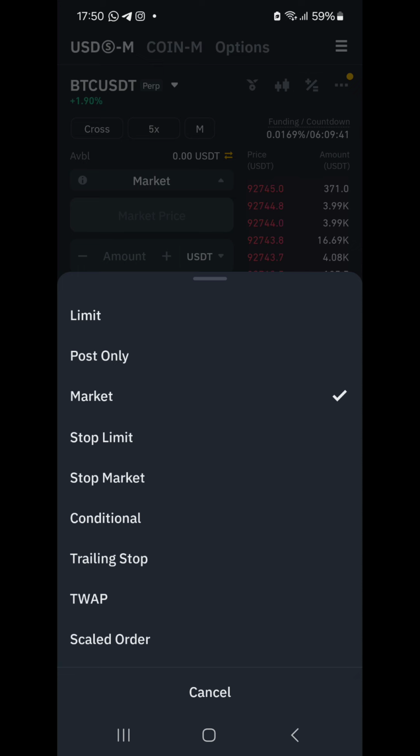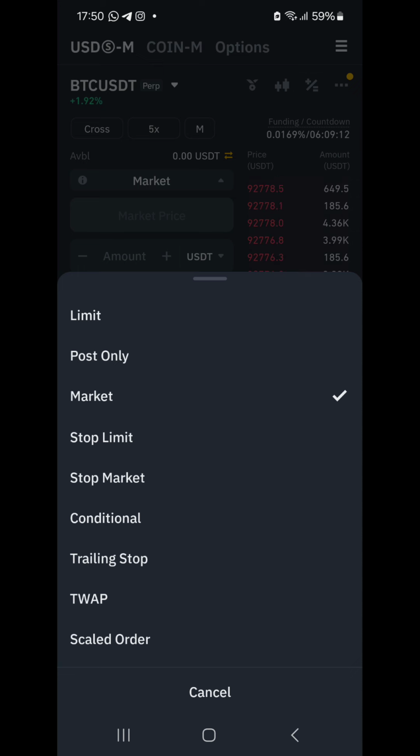So now let's move to stop limit. A stop limit is also an order. All of them are orders, so I'll be adding them: stop limit order, market order, post only order, limit order. So we are at the stop limit order. Now, definition: a stop limit order becomes a limit order once a specified stop price is reached.